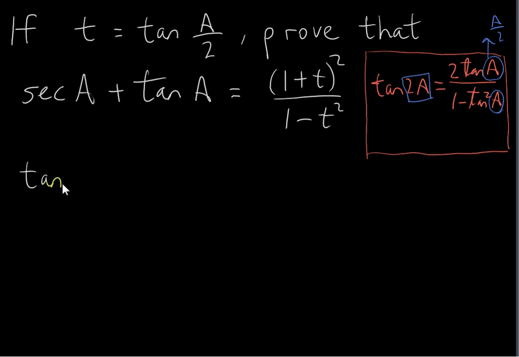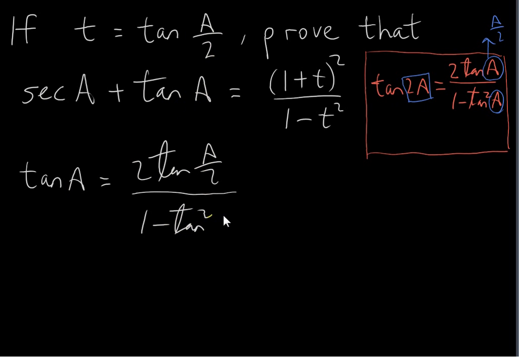We see that tan a is 2 tan a over 2 divided by 1 minus tan squared of a over 2. You could call this a half angle formula, but I prefer to call it a double angle formula. So you normally won't see this in tables, but you'll definitely see the other one.